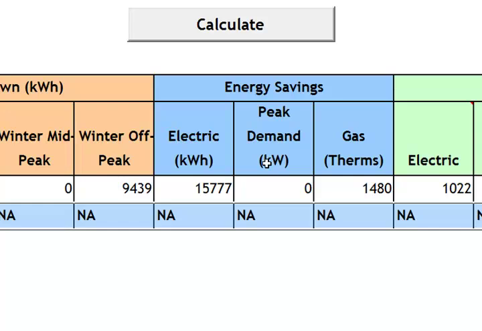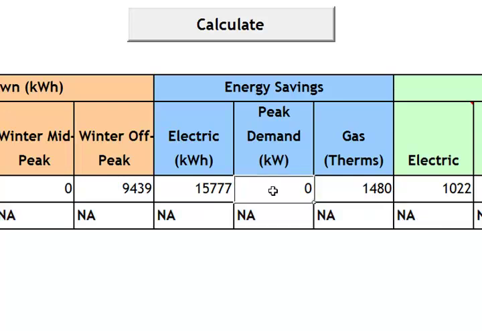We've found this to be reasonably close to the DEER peak period demand savings, except for climate zone 1. So an alternate method would have to be used for estimating DEER period peak demand savings for climate zone 1. And for our scheduling ECM, we don't have any peak demand savings.